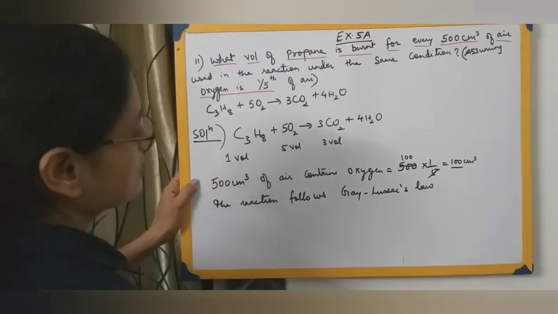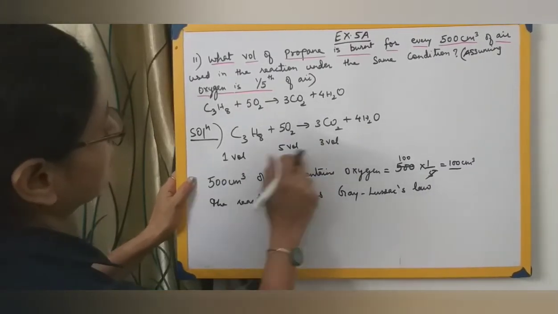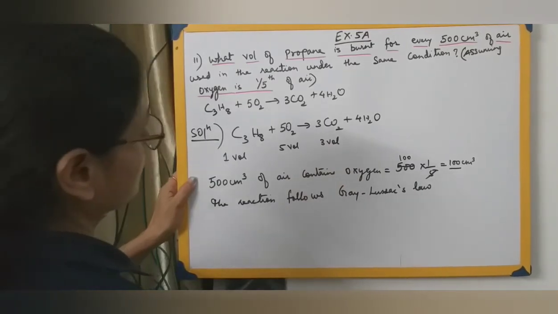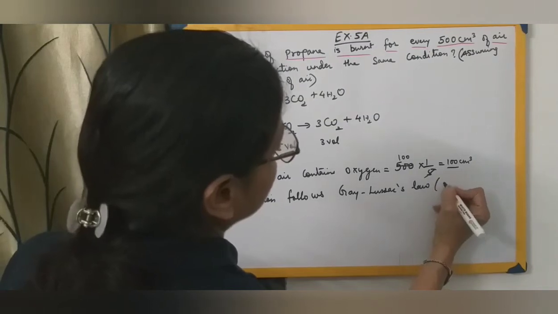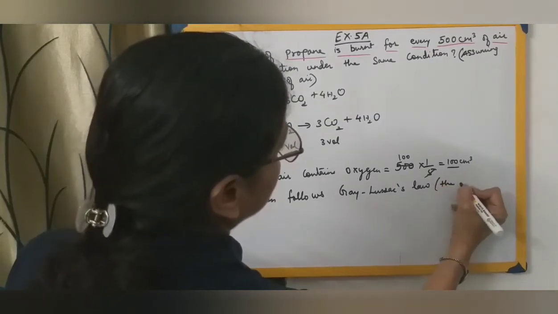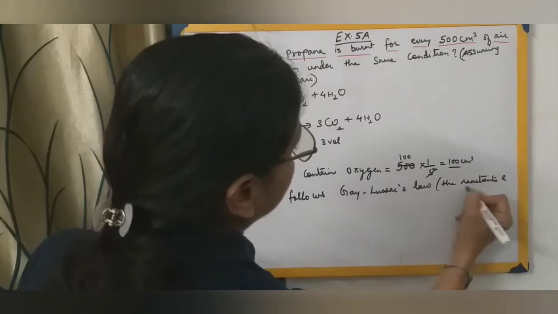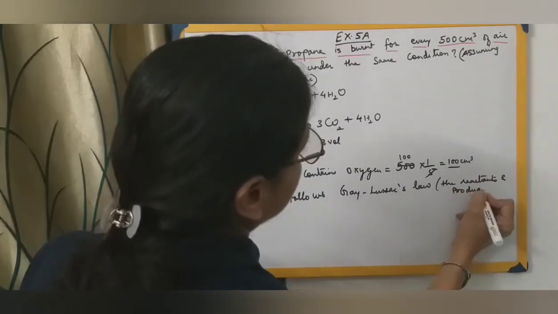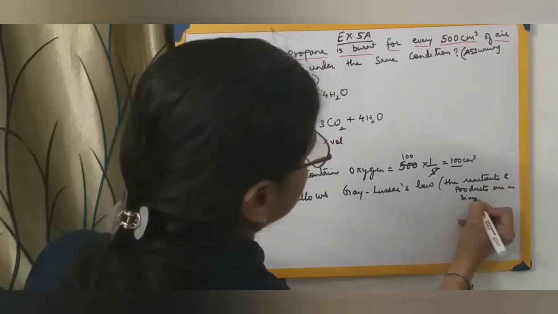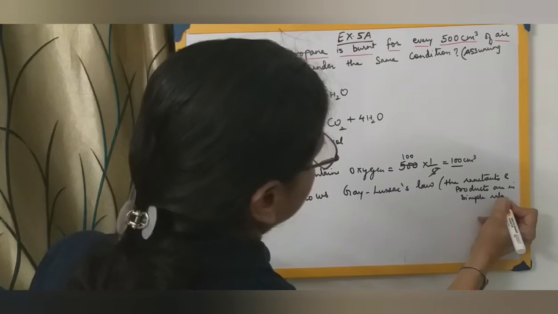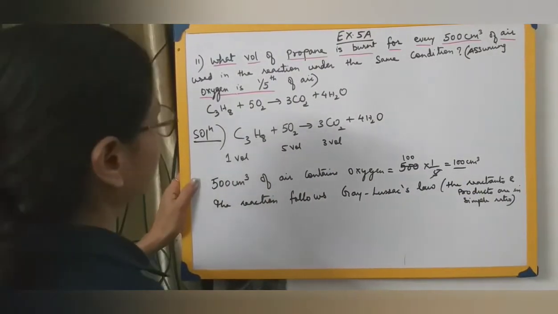Or you can write one statement, the same statement which you have written for the previous numericals, that is, the reactants and the products are in stoichiometric proportion, therefore the reaction follows. So I am writing here: the reactants and products are in simple ratio. Either you can write this first followed by this, or you can just write it in the bracket.